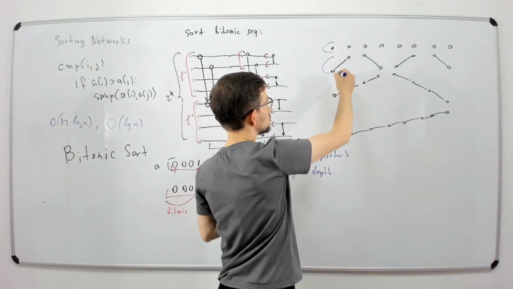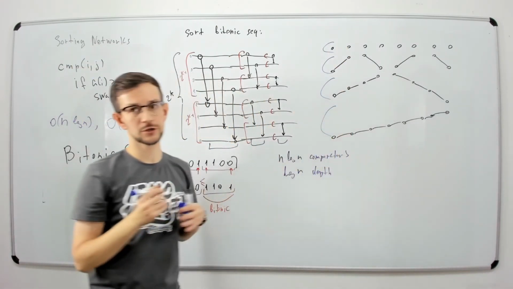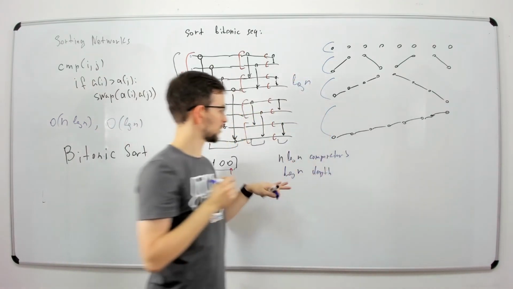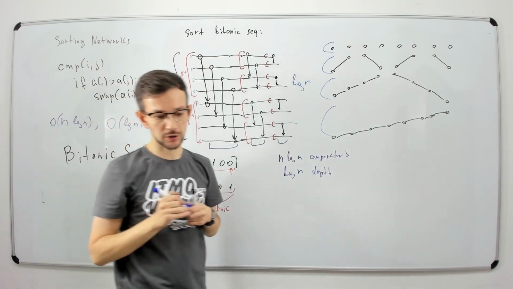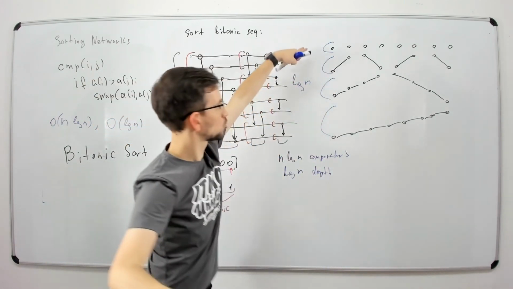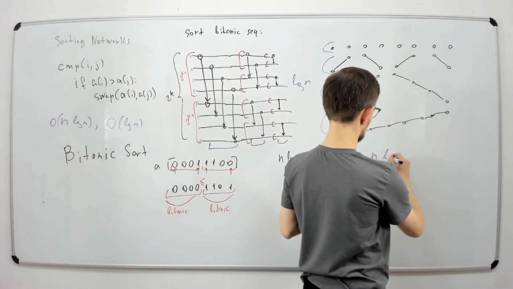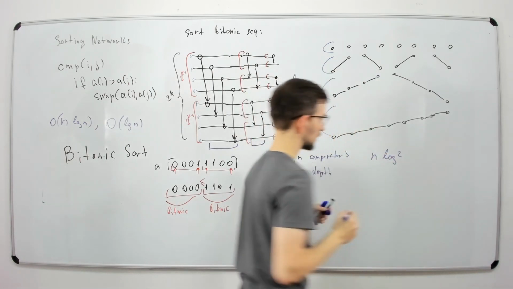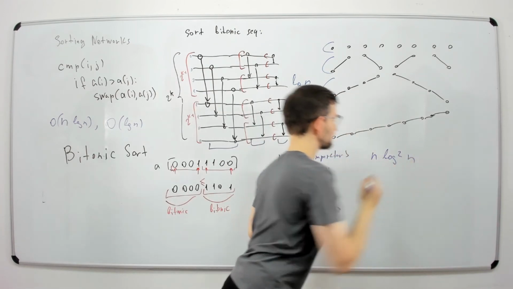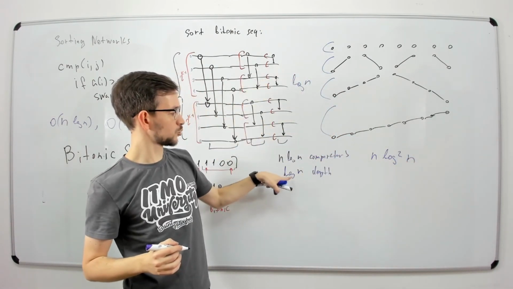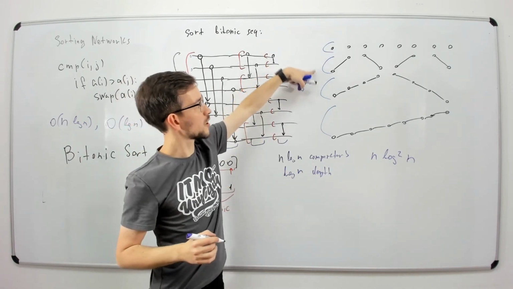So each call is the call of Bitonic sort. So you have log n calls of Bitonic sort. So in total, you will have n log square comparators. And the total depth will be equal to log square, because you have logarithm iterations.